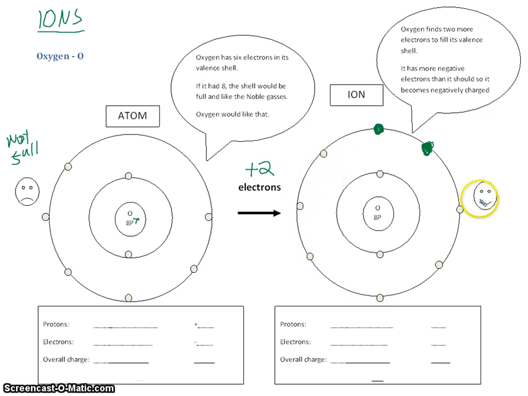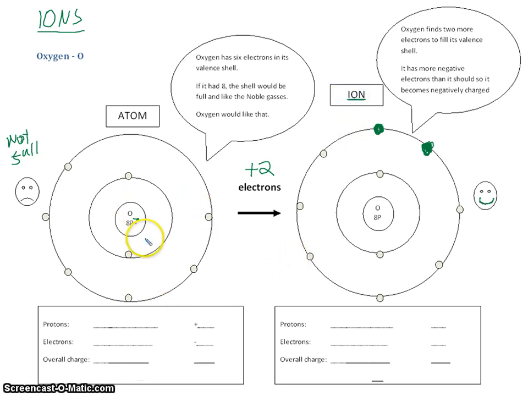And it's happy because it's all full. It's got a full outside, a full valence shell. So it's still oxygen, but it's different. It was an atom, now we call it an ion.